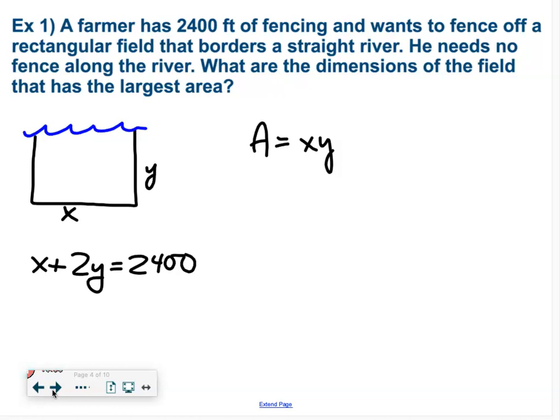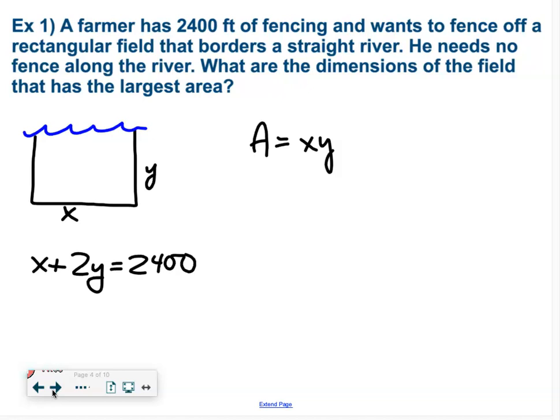When you solve to get rid of a variable, it doesn't matter which one you get rid of. You just need to get rid of one of them. So it doesn't matter if I solve for x or y. I always personally solve for whatever is easiest. If you had to choose between solving for x or y, which would you choose? X, right? It's not that y is horribly difficult, but it saves you from having a little fraction in your problem.